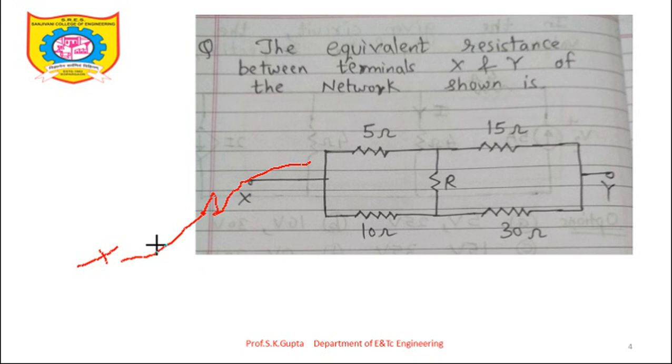Then from node X, this 10 ohm, and in between the 5 ohm and 10 ohm we have one R resistance.